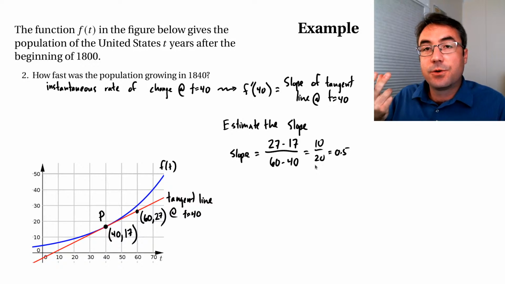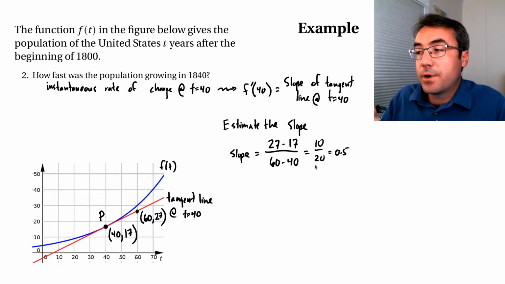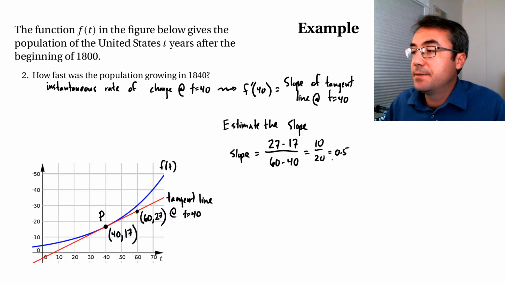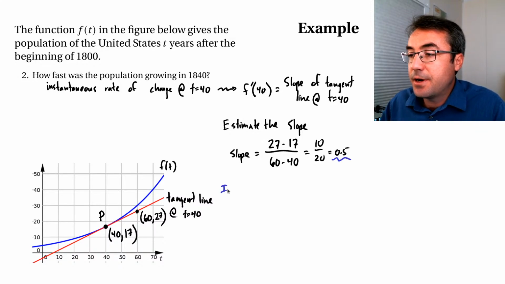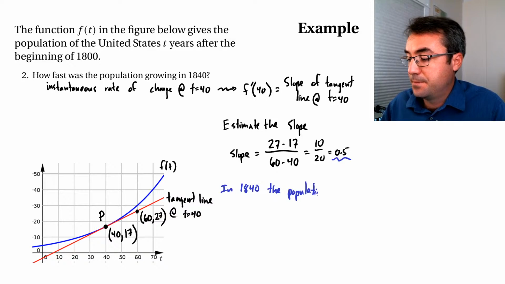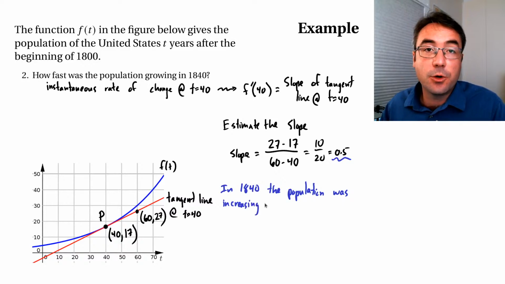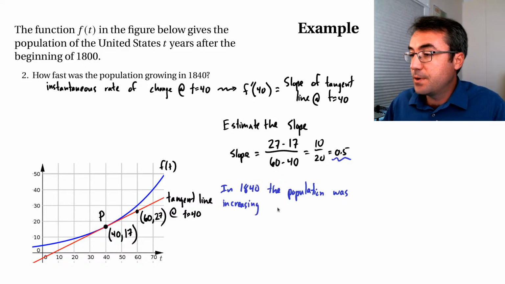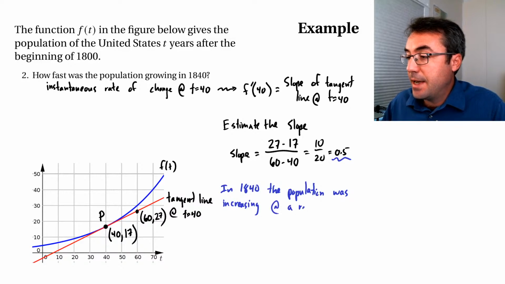And so directly at t equals 40, what this value is telling us is that in the year 1840, the population was increasing. We know it's increasing because that slope is positive. It was increasing at a rate of 500,000 people per year.